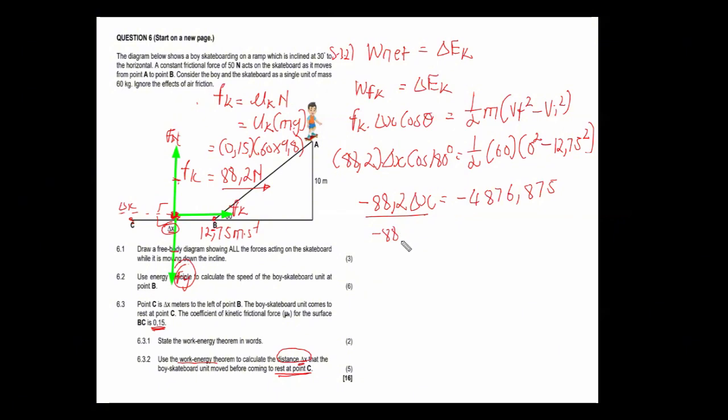So do not lose marks mainly because of computation error, right? So this is delta x and then divided by negative 88.2. Our displacement will be 55.29 meters, right?